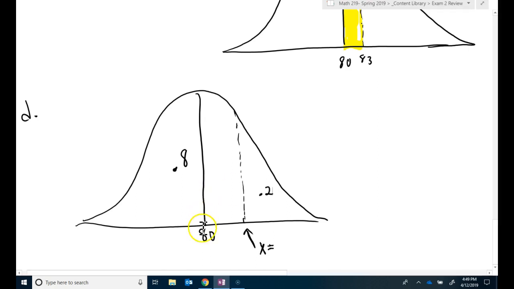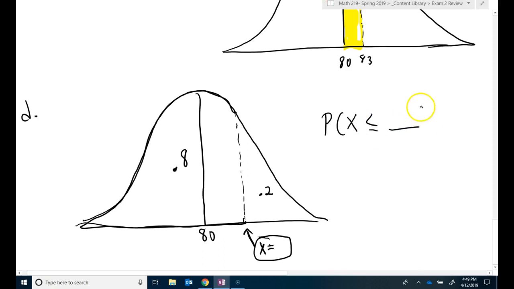Now, conceptually, what we're looking for here is a value for the random variable, and we already know how much of the data is less than that random variable, okay? What we're essentially looking for is the probability that x is less than or equal to some value, and I don't know what that value is, and that's equal to 0.8, okay?